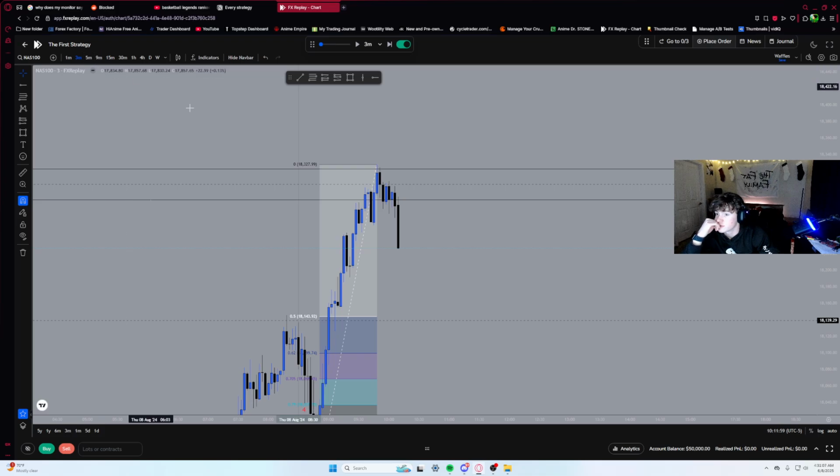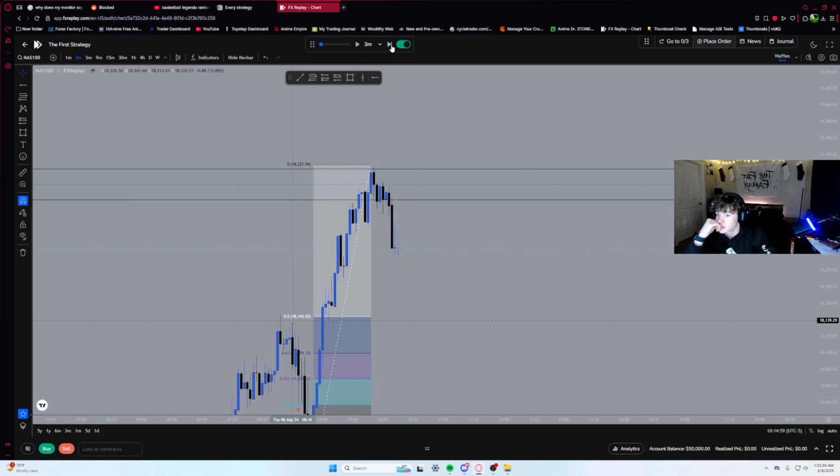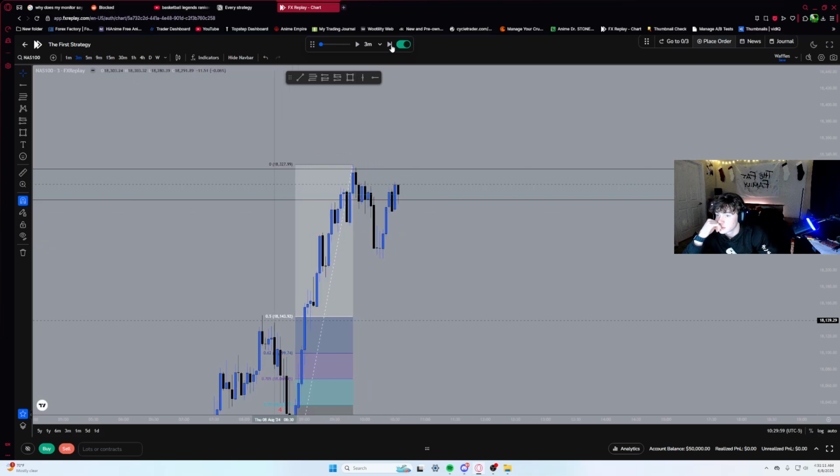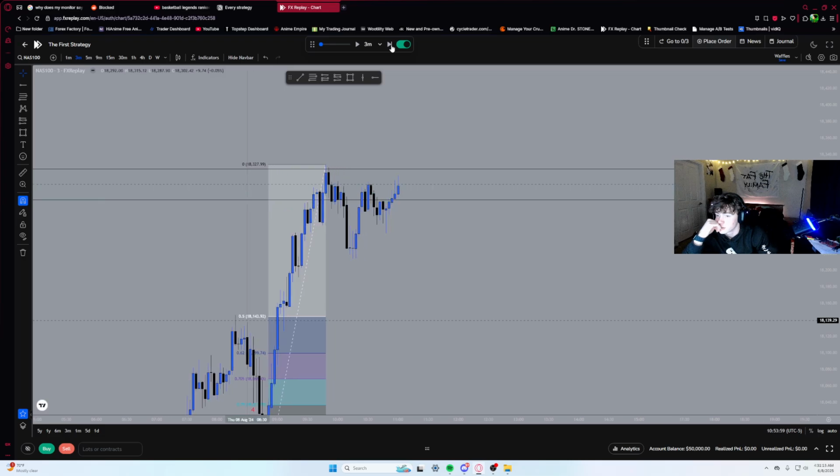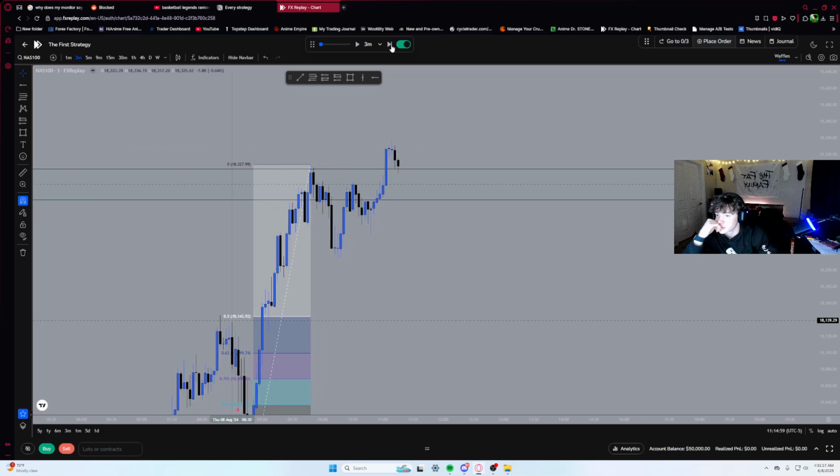Price just reacted off of my breaker block. Fails to create a higher high. Okay, we break structure to the upside. I guess this could have been the trade. We swept liquidity right here.